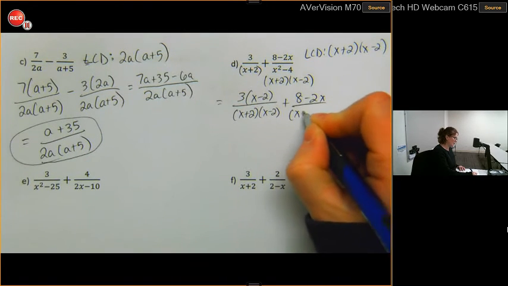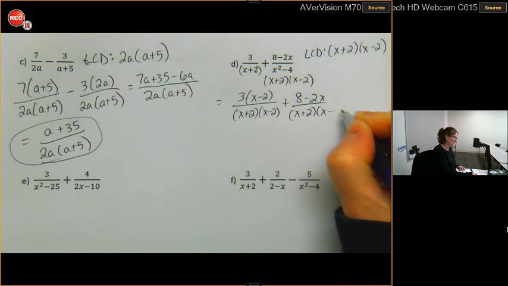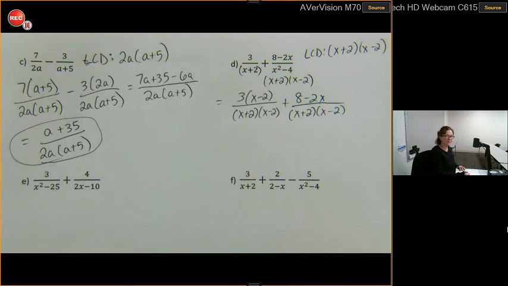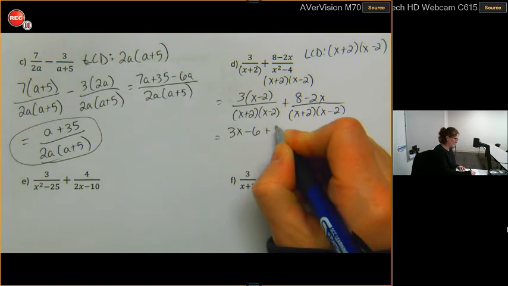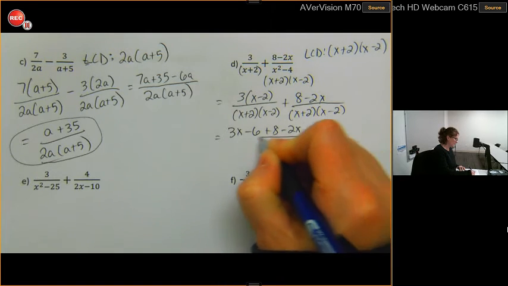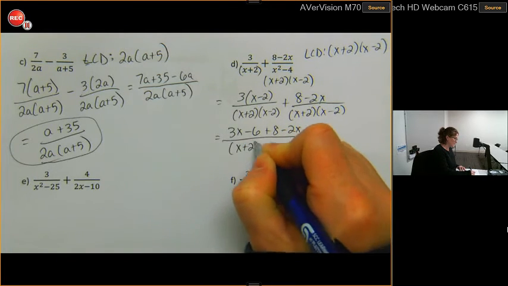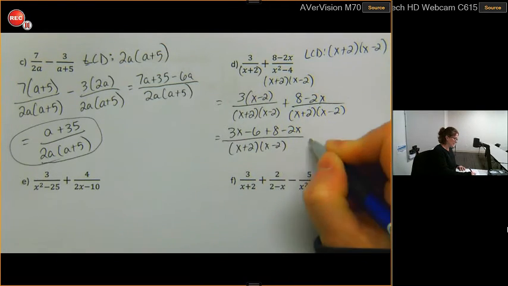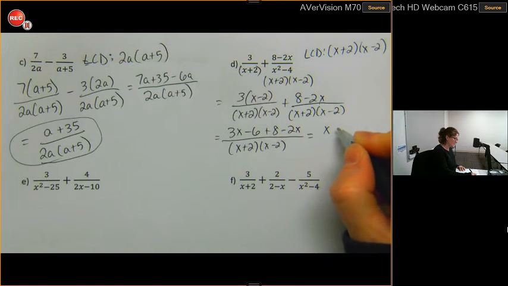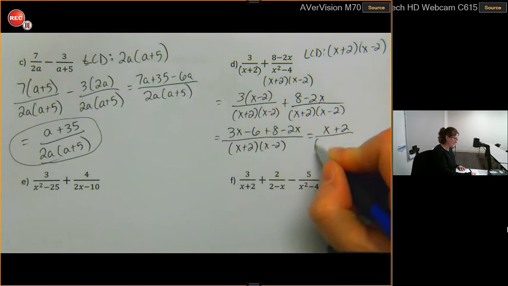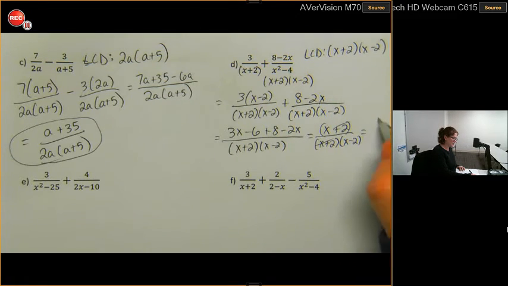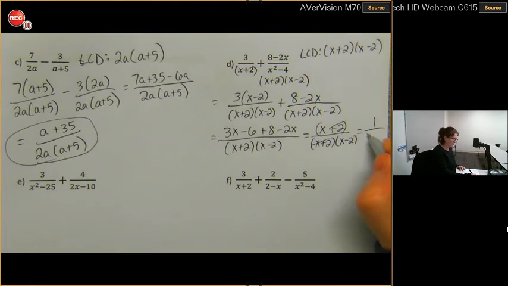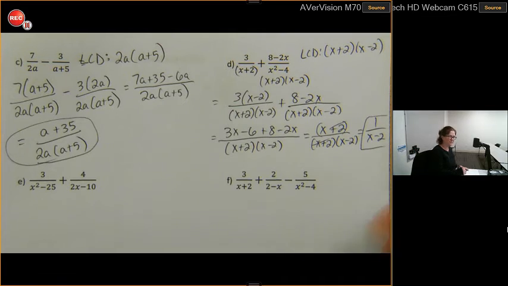And we don't need to put anything on the second fraction, it already has the entire common denominator. Combine like terms. And notice the x plus 2's are going to cancel, so we're going to have 1 over x minus 2 for our answer.